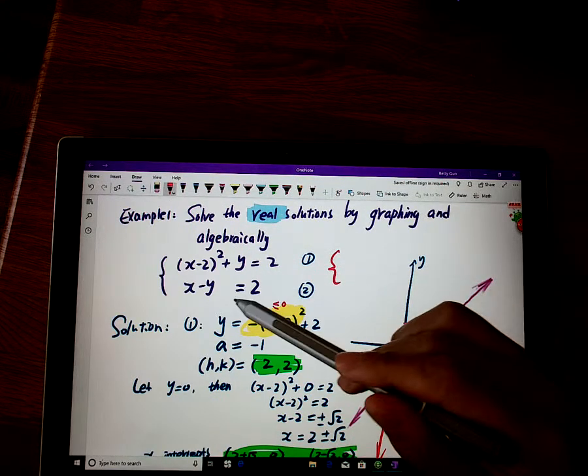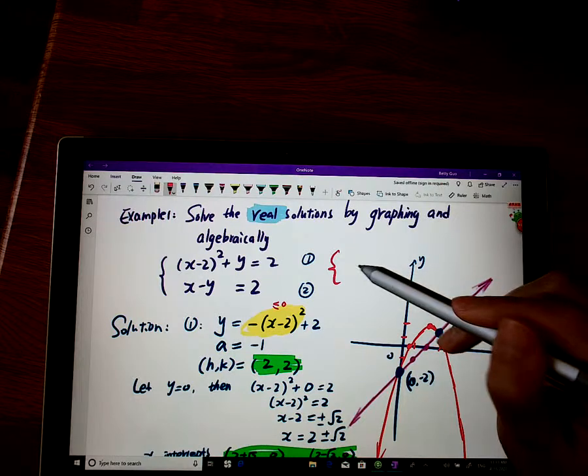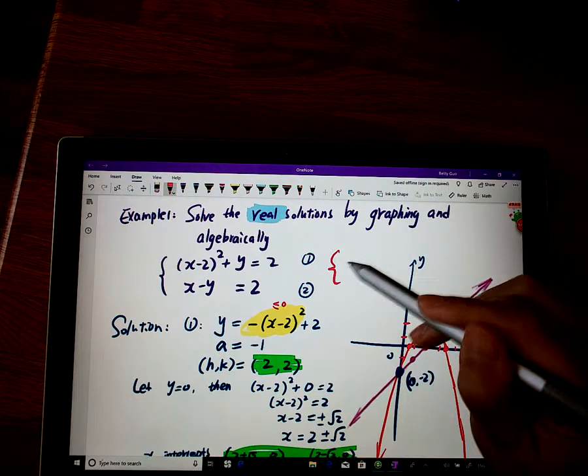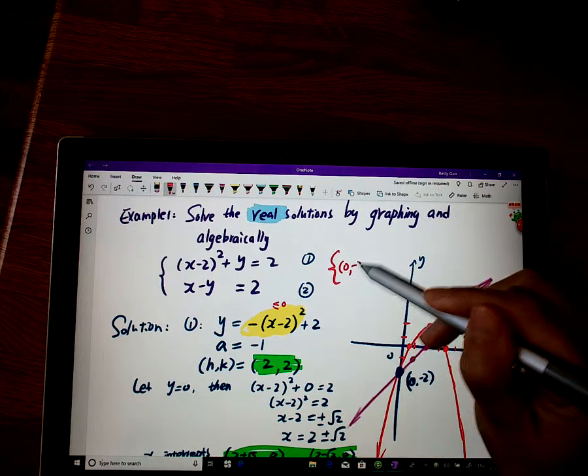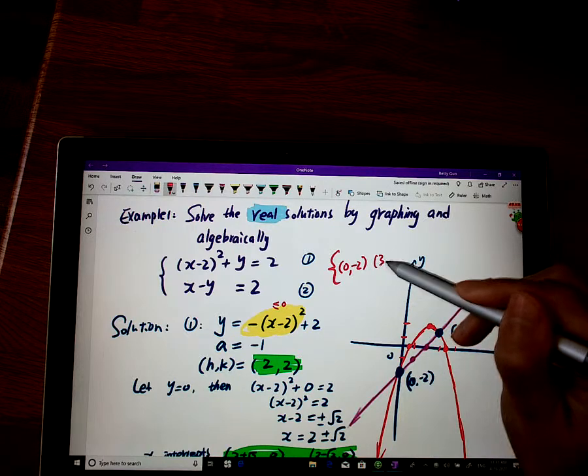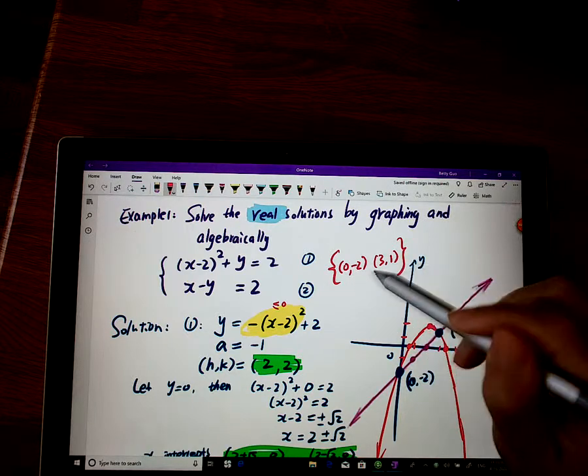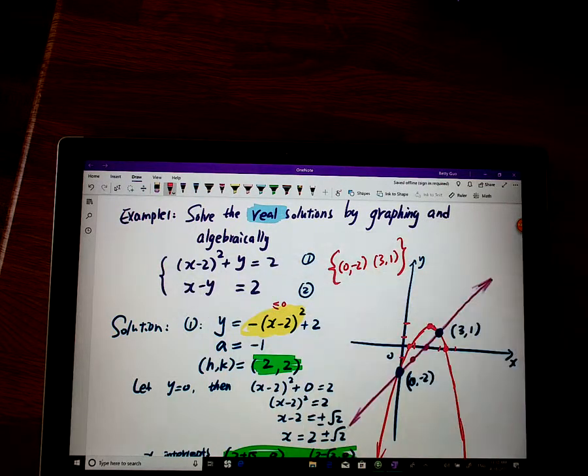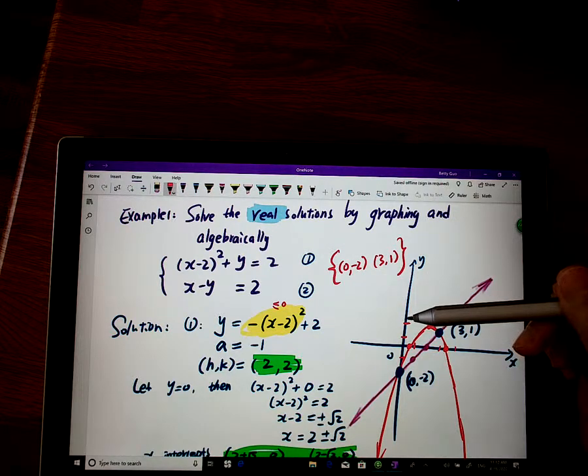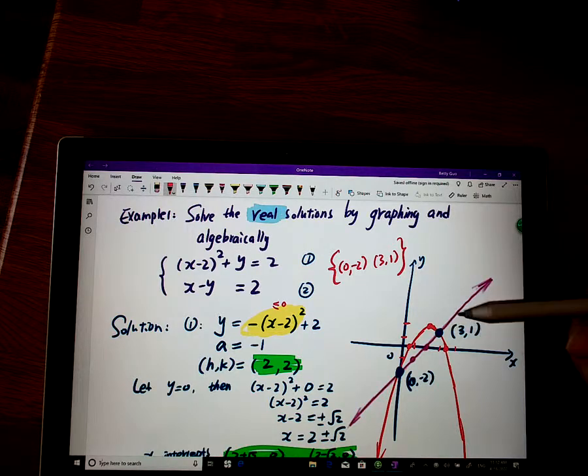The solution set of the system is a set containing two solutions. The first one is 0 comma negative 2. The second one is 3 comma 1. That's the solution set of the original system. It's nonlinear, but the way that we solve it is pretty much the same as solving a system of linear equations.